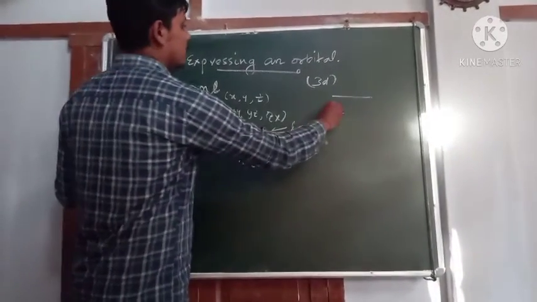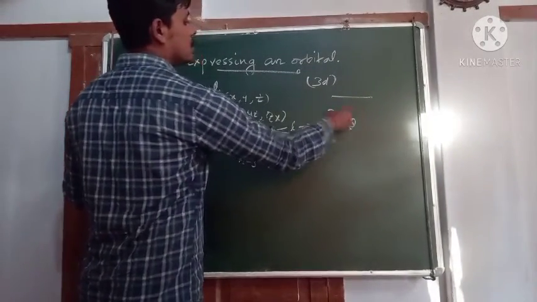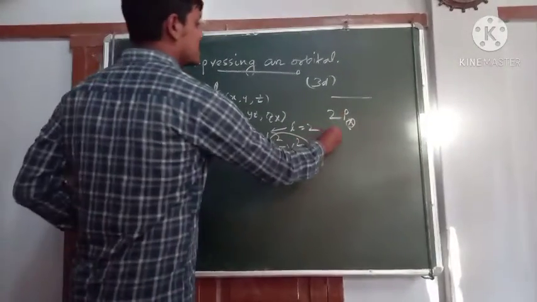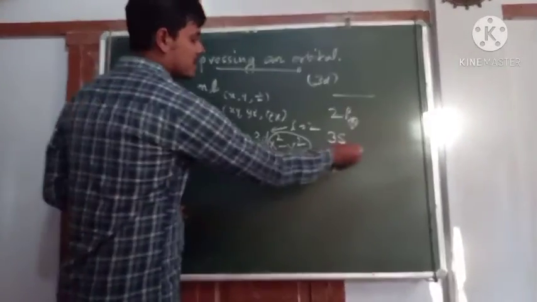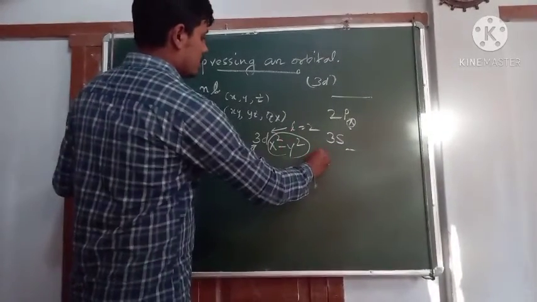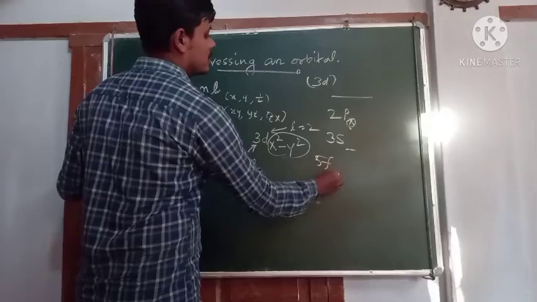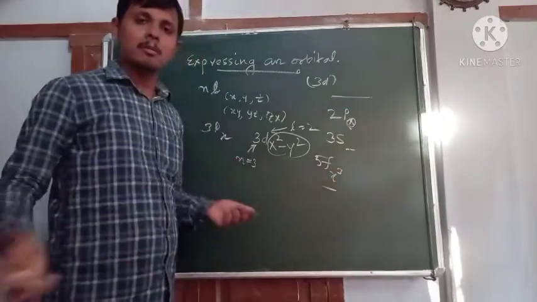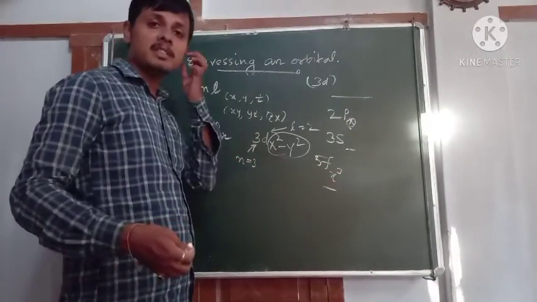For example 2px, 3s, where s has no suffix, and 5f x cubed. In this way we express an orbital.